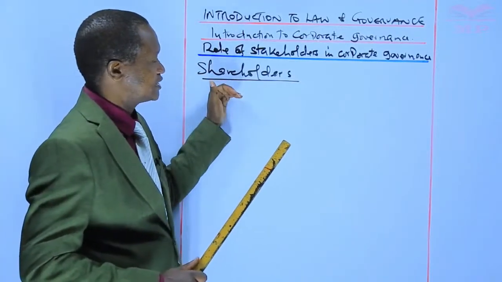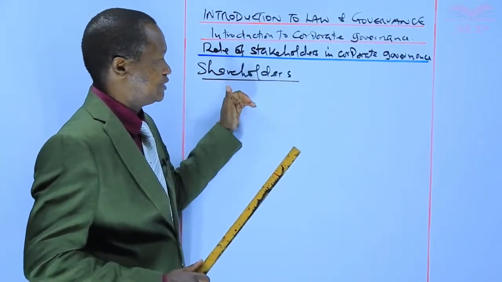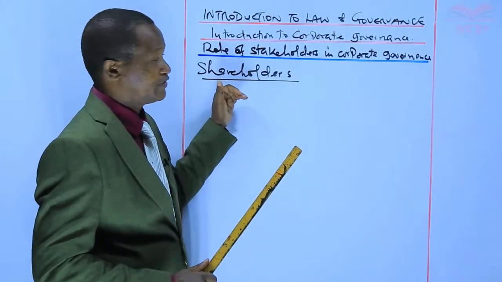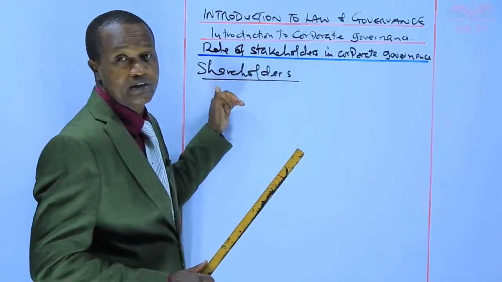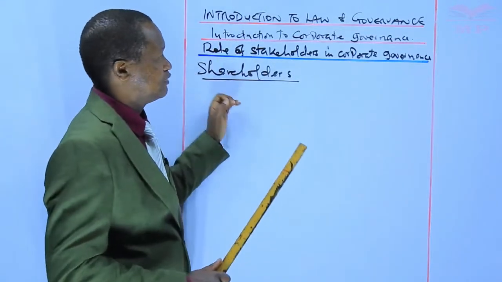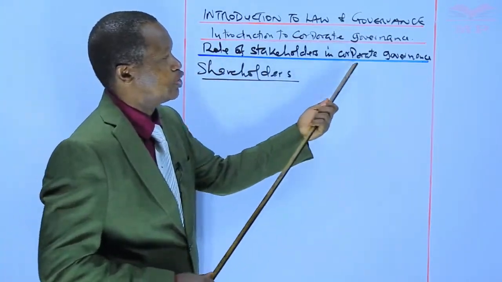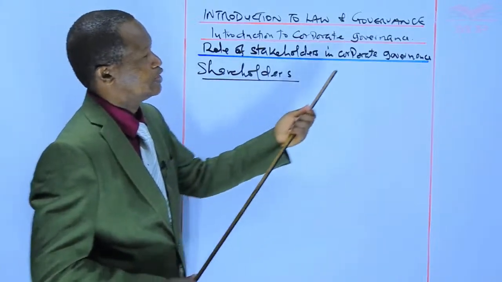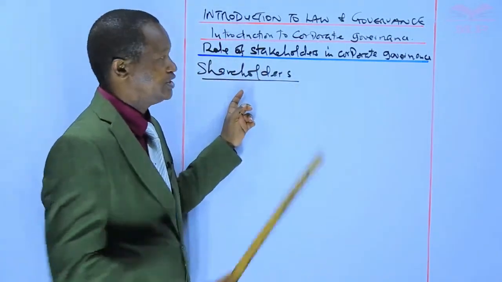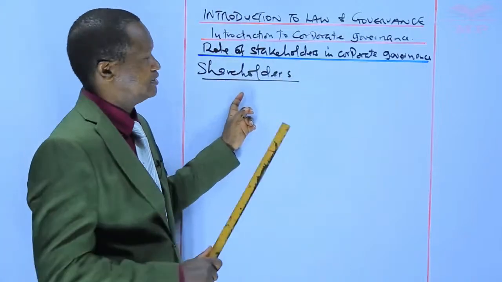Of course, shareholders are the owners of the company. Shareholders appoint the directors to run the affairs of the company on their behalf. So they have certain duties to perform in relation to corporate governance, which is said to be the way in which corporations are managed and directed.